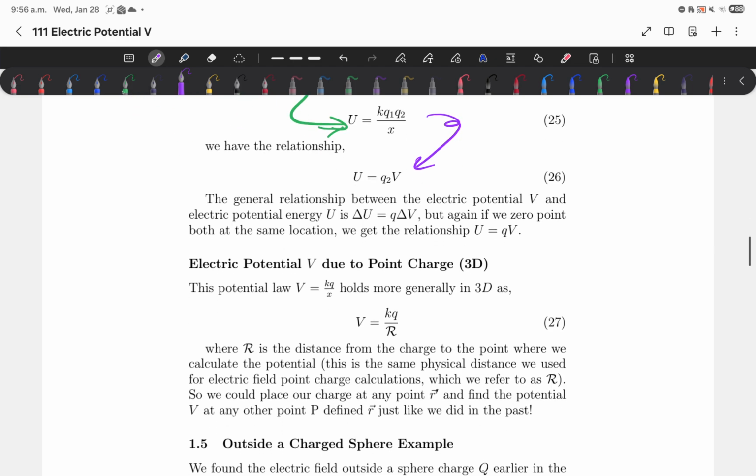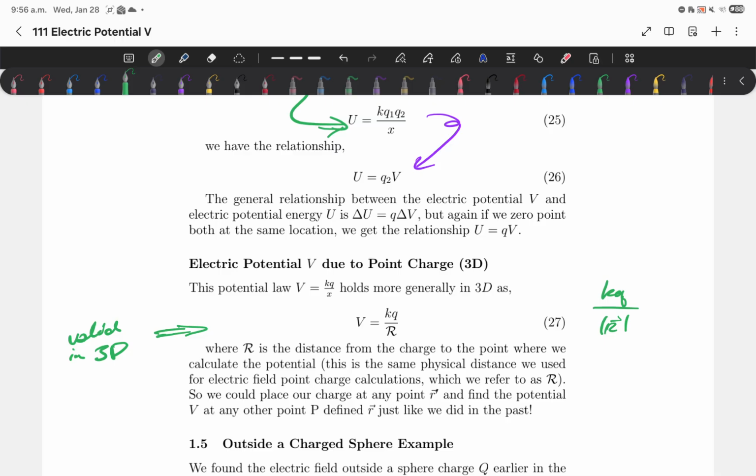The potential for any point charge q at any other point is kq over our big R. This is the same big R we had before, which is our physical distance from the point charge to where we want to calculate the potential.